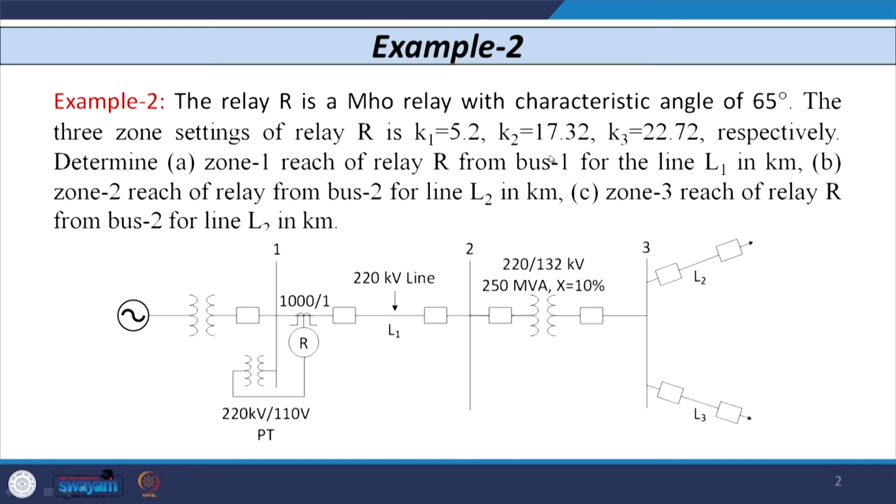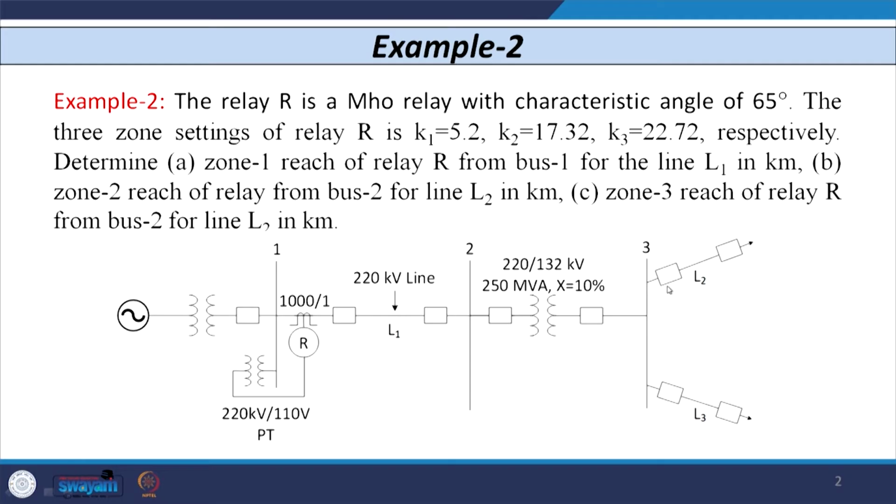So K1, K2 and K3, these 3 values are given, and we need to determine the zone 1 reach of relay R from bus 1. So what is the reach of relay R from bus 1 for line L1, that we need to determine. In the second case, part B, we need to determine the zone 2 reach of the same relay R from bus 2 or bus 3, because both are the same, the only difference is the voltage level.